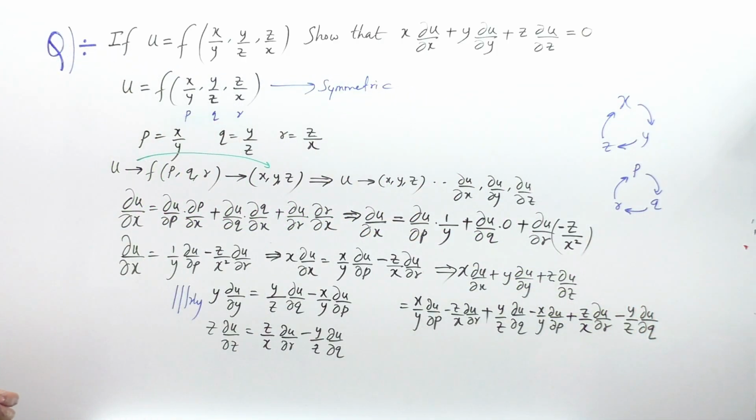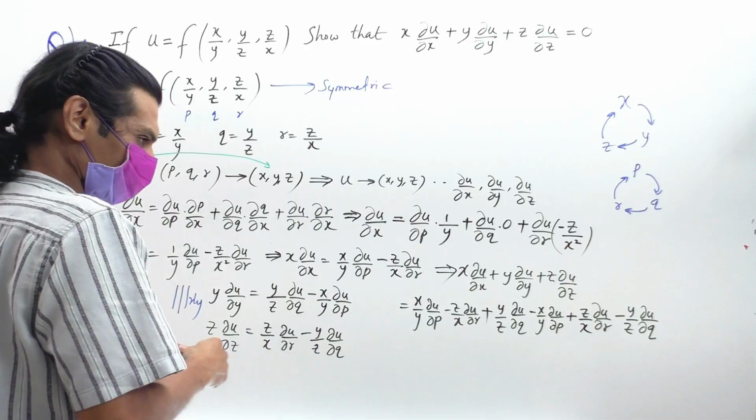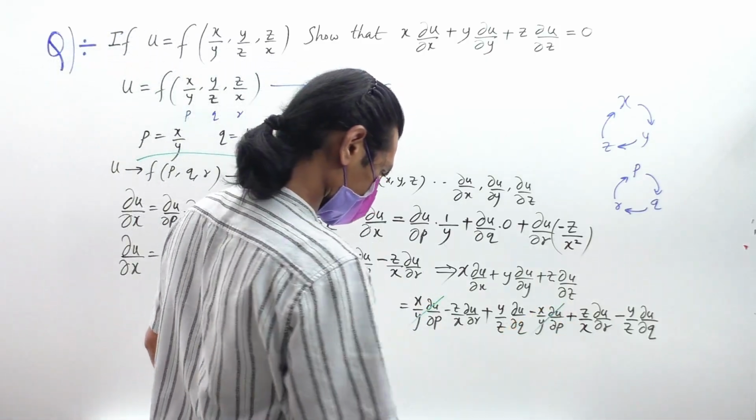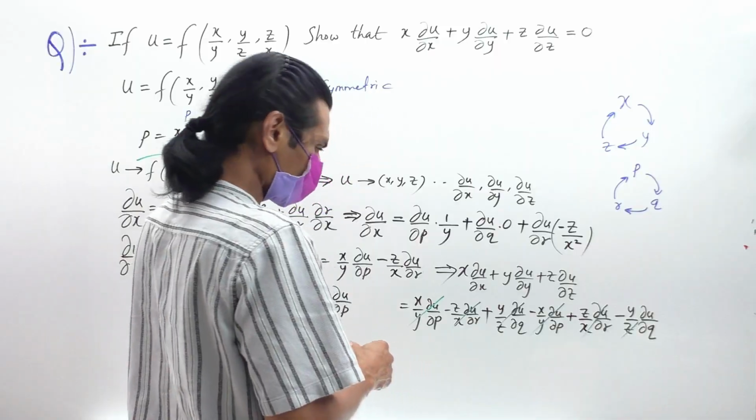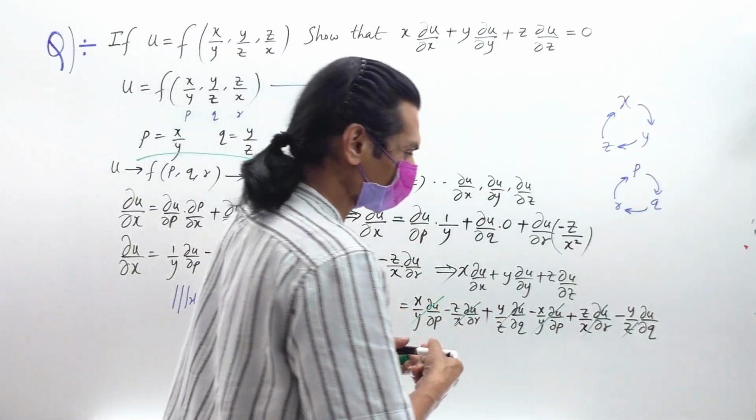That's it. So let's add them together and see what happens. See, x by y cancels, z by x cancels, this cancels. So the answer is what? 0.